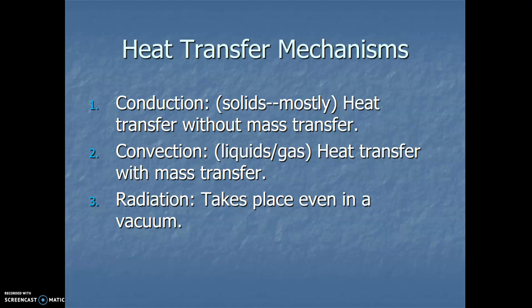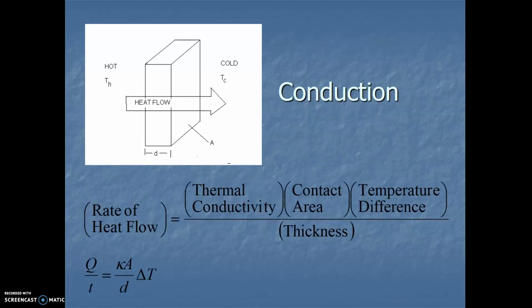Convection has to be done in liquids, and it's usually heat that's transferred due to mass transfer, meaning that the liquid is moving from one surface to another, like heat rising, causing the air or the water to rise. Radiation takes place everywhere, including in a vacuum, and it just emits heat in the form of light.